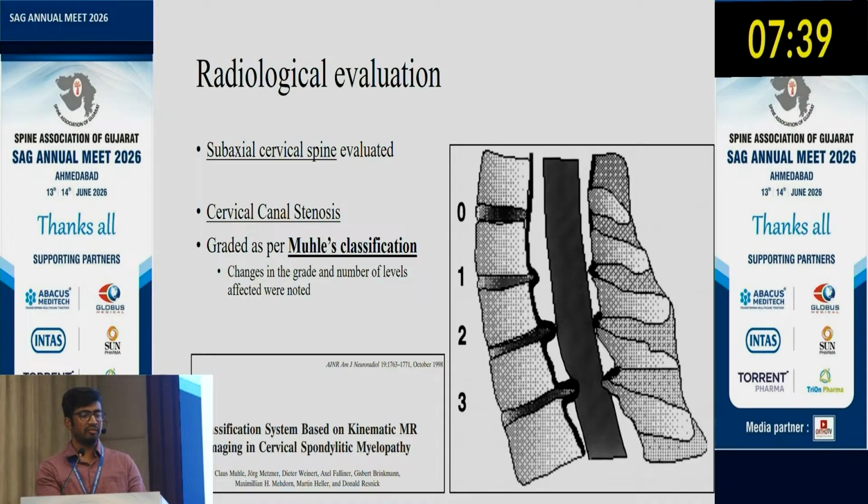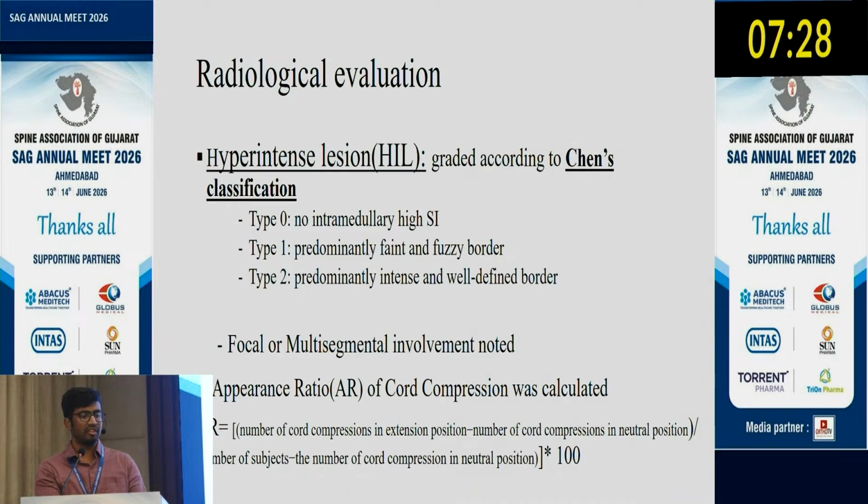For radiological evaluation, we did the stenosis grading as per Muhle's classification. Changes in grade depending on the position of the patient's neck were assessed. Hyperintense lesions, the number of levels that increased and the grade of the lesion, were also assessed in flexion and extension using Chen's classification.